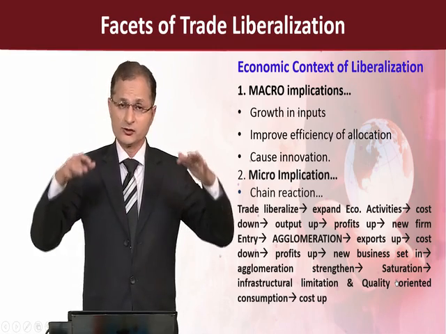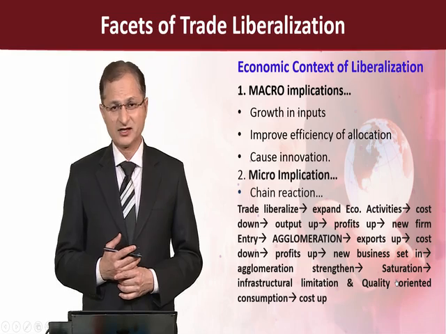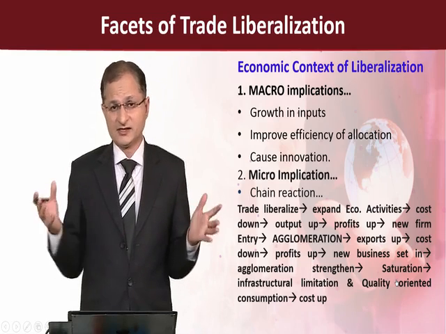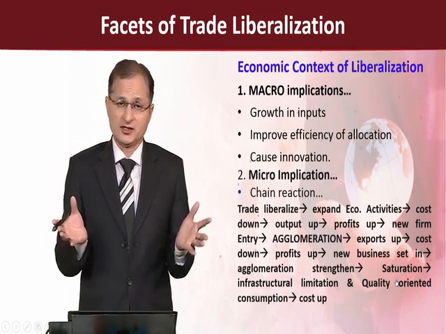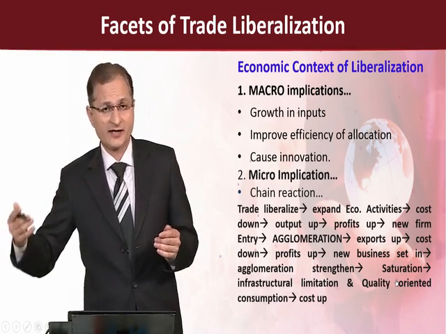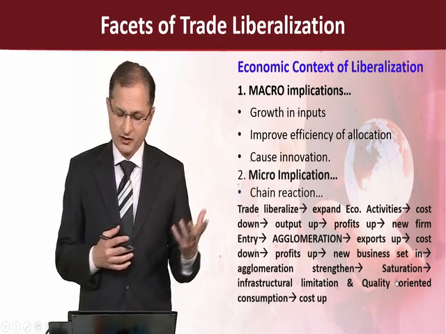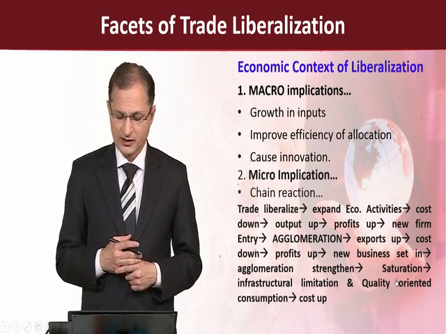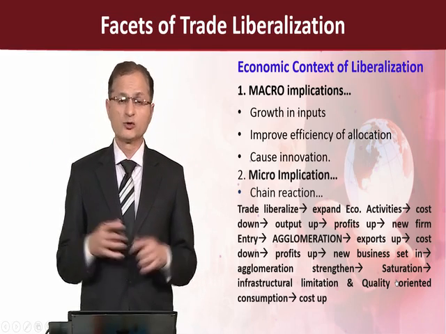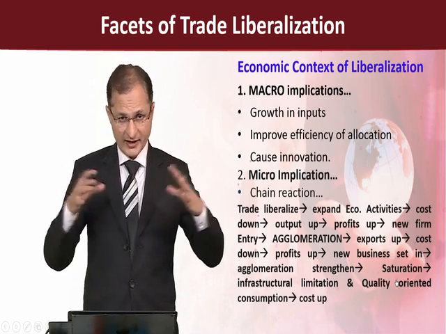Then the cost moves down, the profits move up, and this will generate new types of businesses, because venture capital is going to be established through these agglomerations for developing a new product, a new strategy to produce the product, or a new recipe for the production process. So agglomeration is going to be strengthened due to these processes.